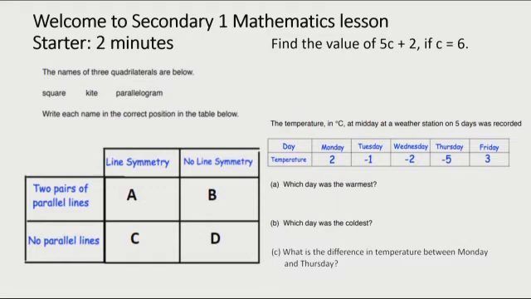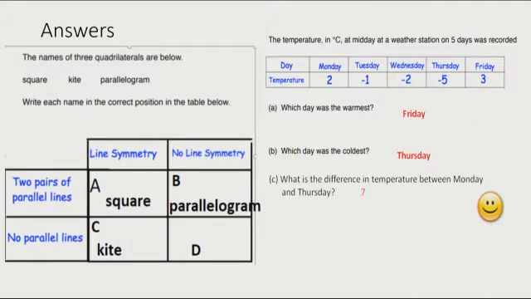Excellent, well done. Okay, now let's have a look at the answers. These are the answers. You can see that in A is a square, that is, a square has lines of symmetry and 2 pairs of parallel lines. In B, region B, it's a parallelogram.